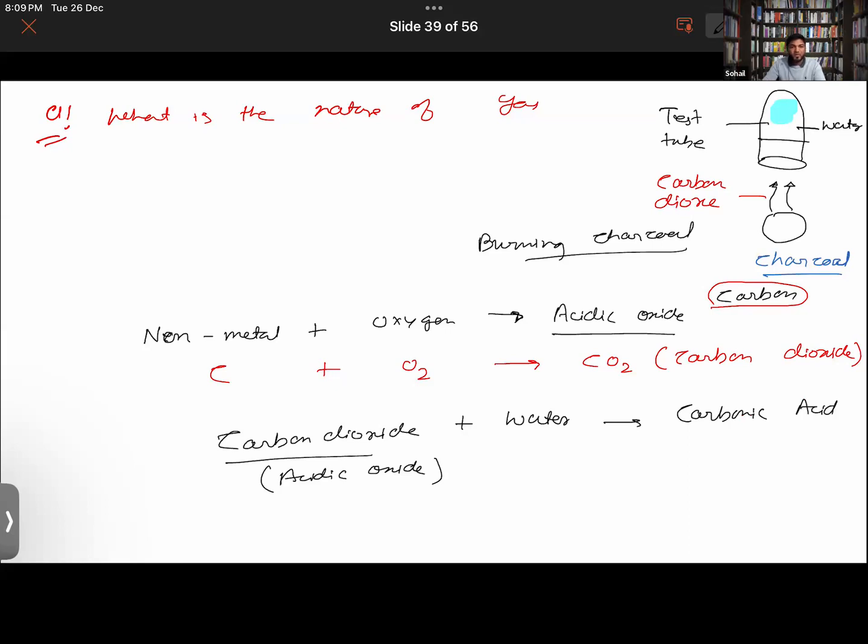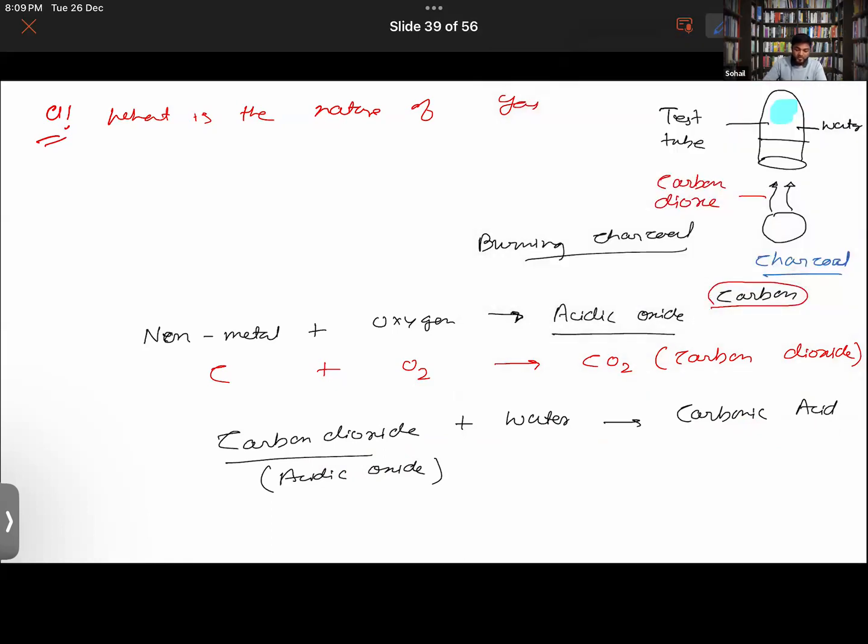So हम क्या कहते हैं? Carbonic acid कहते हैं, okay ना? These are some of the things that you will have to study in the higher classes also. So don't worry with these terms, get familiar with these terms now. So carbon dioxide reacts with water to form carbonic acid.